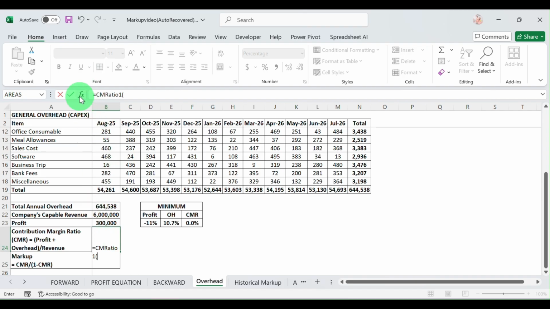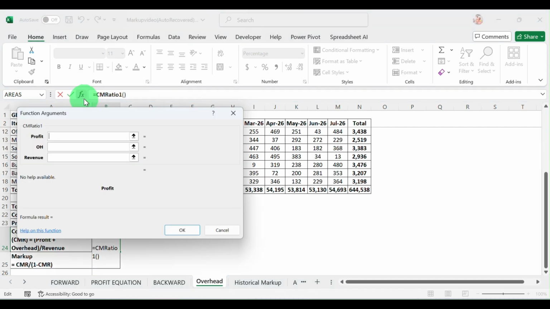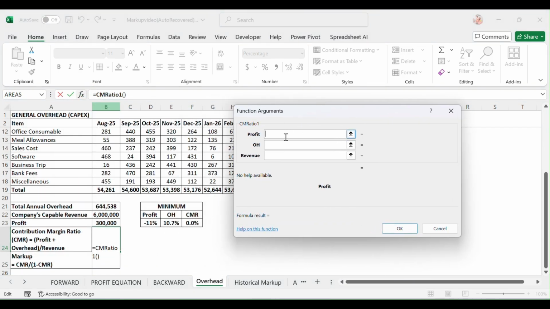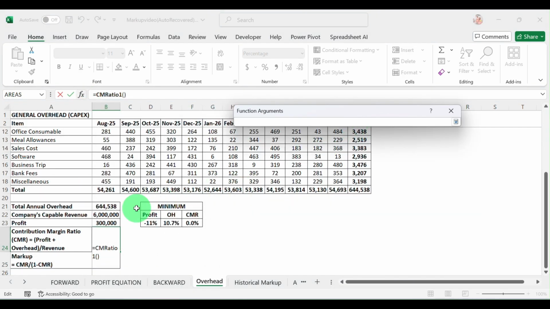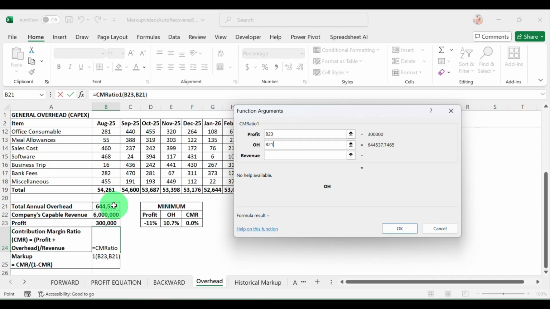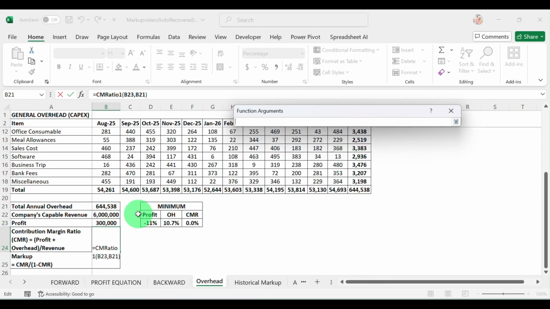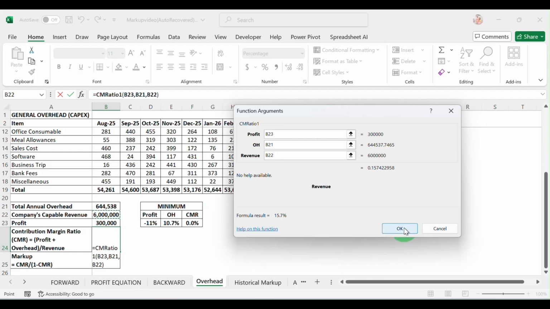and I will click the insert function fx here, and I put the profit. Profit is equal to 300,000. Overhead 644, and revenue is 6 million, and click OK.